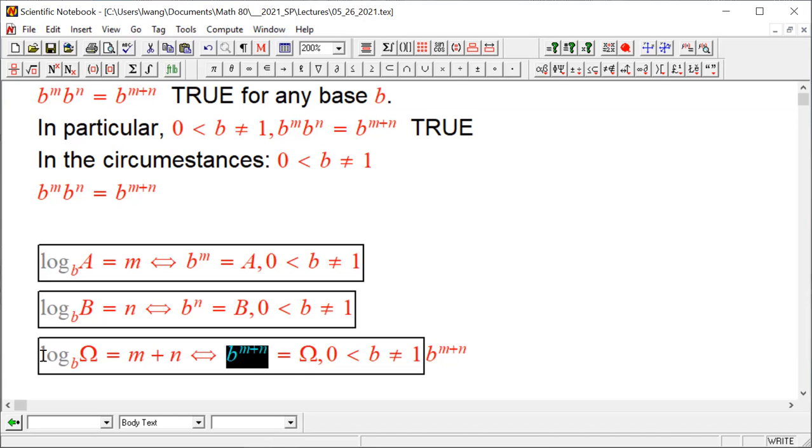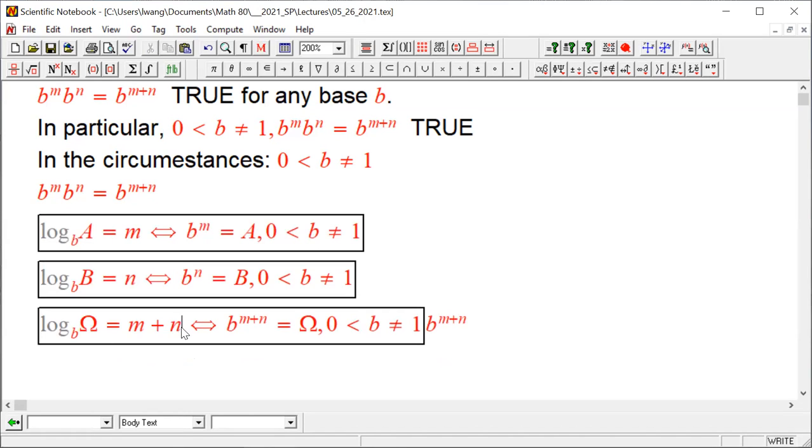Okay, so now what I'm going to do is take this piece. You guys see this relationship, right? In this relationship, I'm going to do a couple of substitutions because this tells me omega is b to the power m plus n, right here. You follow me?